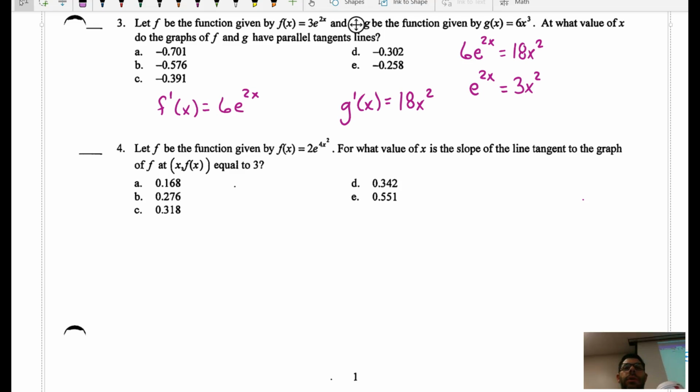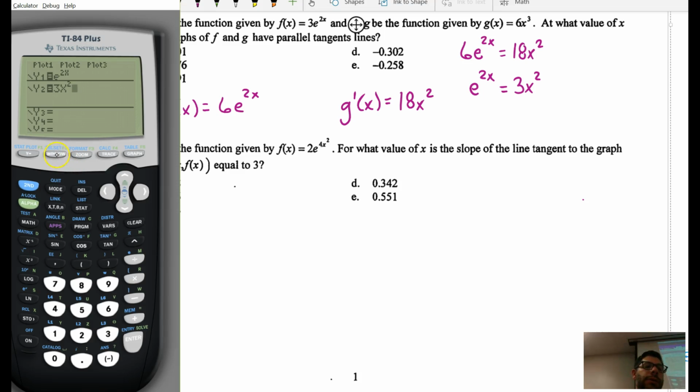What x's do I want to look at? -1 to 0 for the x's. Do I know what y values I want to look at? We can do zoom fit, so zoom 0, and we'll see how that works out.